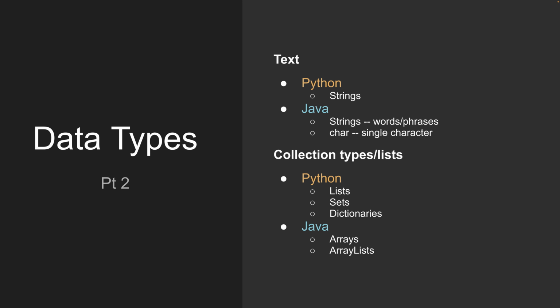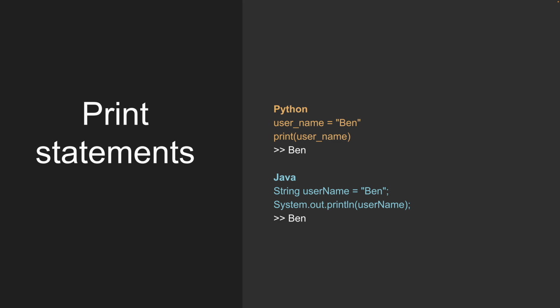Dictionaries are like lists, but they're made up of paired keys and values. And we're going to see that here in a second. Java has two primary collection types, arrays, which are just for a list of information, and resizable ones, which are called array lists. So let's see those here in a second.